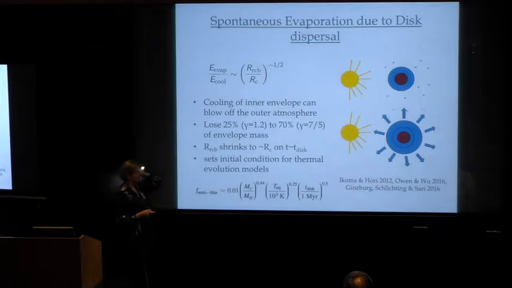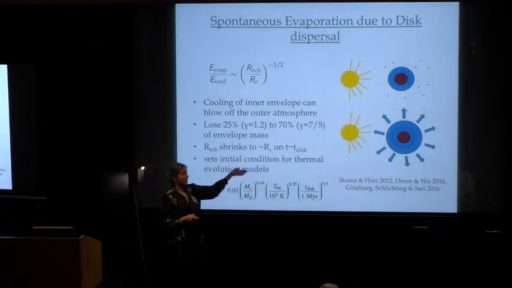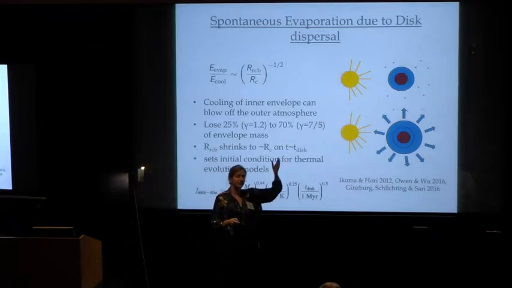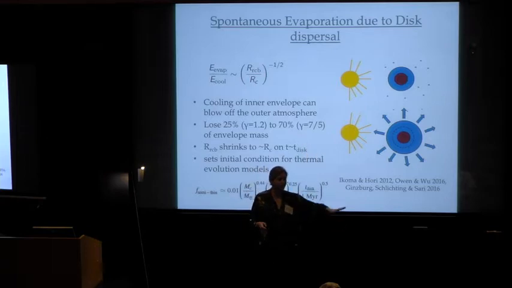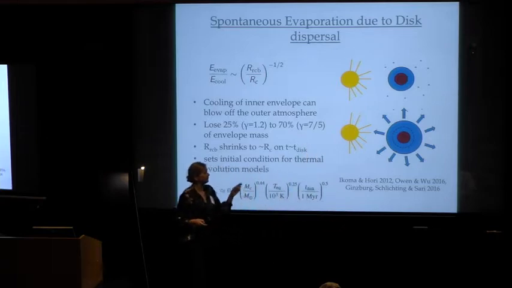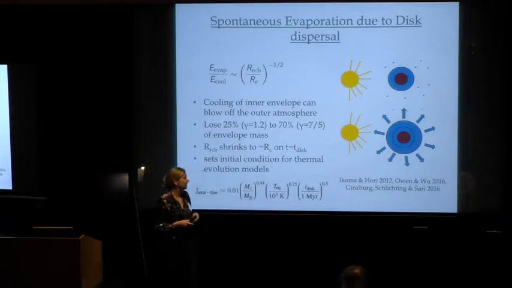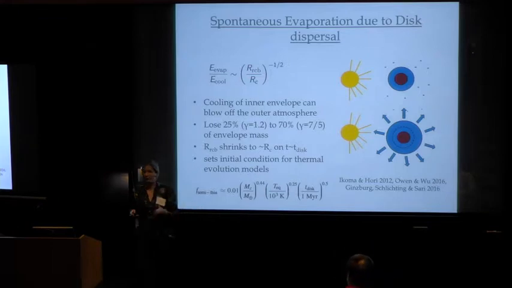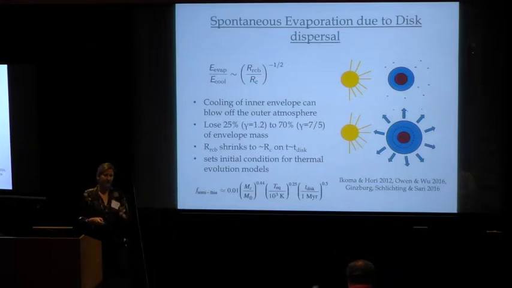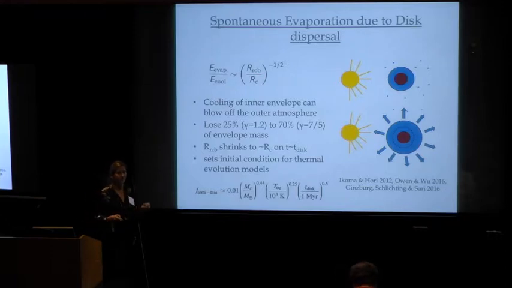Okay, so the upshot is, on the order of the disk dispersal timescale, right, because that's the timescale on which you lose the pressure support of your disk, the planets will shed the outer layers of their envelopes, and as a result, your planet will shrink to radii that are a few times the core radius. And it's a short time scale, like, say, 10 million years, like a few times the disk dispersal time scales, not hundreds of millions of years.